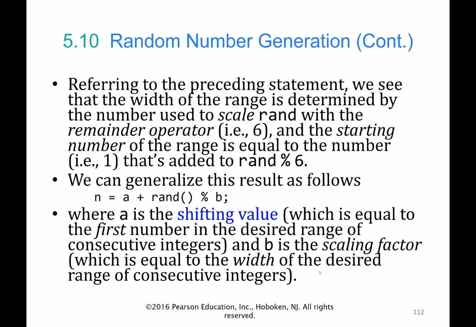If you want a random number between 51 and 100, that's 50 different numbers, so it would be 51 plus rand percent 50. If you want a number between 10 and 20, it would be 10 plus rand percent 10. So this is the first number in the sequence, and then the modulus is our scaling factor. This is how we would generate it.